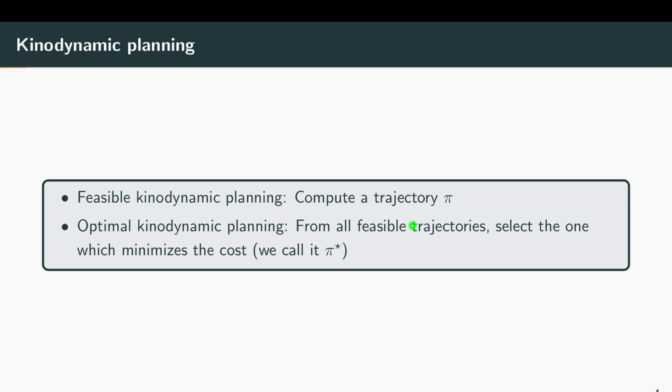And then we can ask two questions. If you're just interested in a solution, it's a feasibility kinodynamic motion planning problem, and we just compute a trajectory. If we care about optimality, then we want to find from all these possible solutions one that minimizes the cost function. There could be multiple, of course, but we want one of them with the lowest cost.